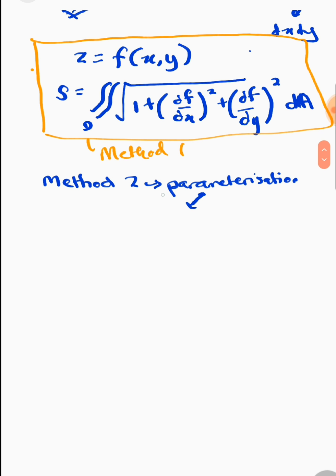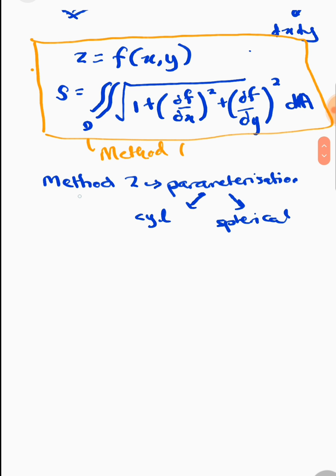As for method 2, parameterization, remember that besides Cartesian coordinates we have polar coordinates. So sometimes we can have surface integral questions that are based on cylindrical shape, sometimes on spherical shape. This will be the case where you want to reflect again and see whether it will be easier for you to use parameterization.